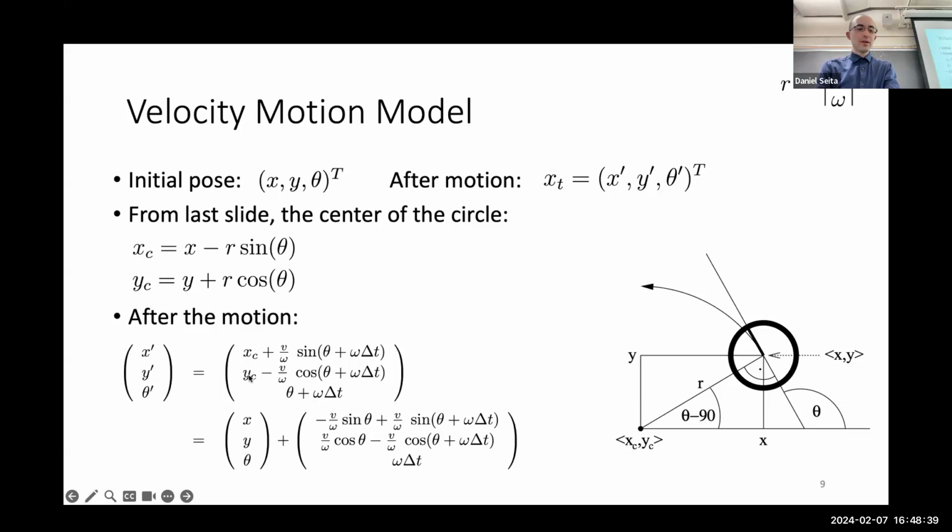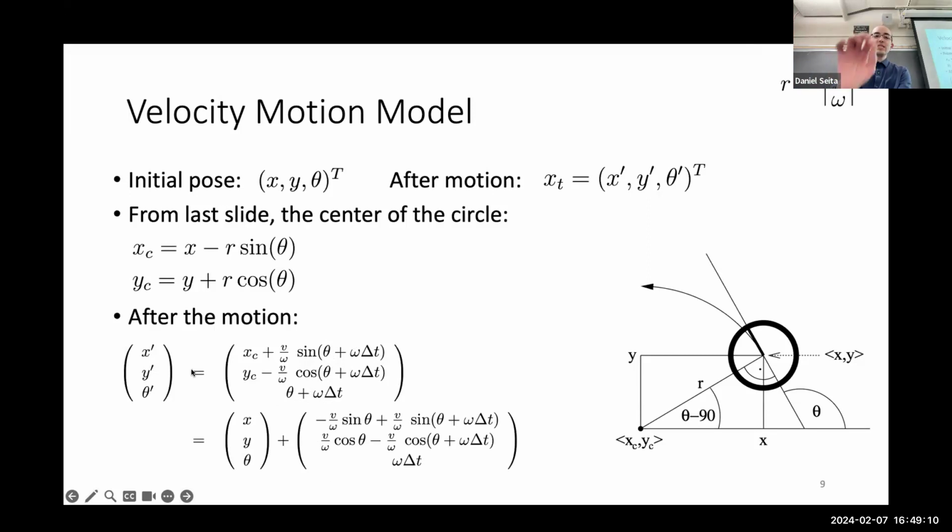Hopefully the first line is clear. Then the second line is just rearranging stuff to make it equal to the prior state plus something. Again, just think of these terms as the current angle that represents the configuration of the robot.